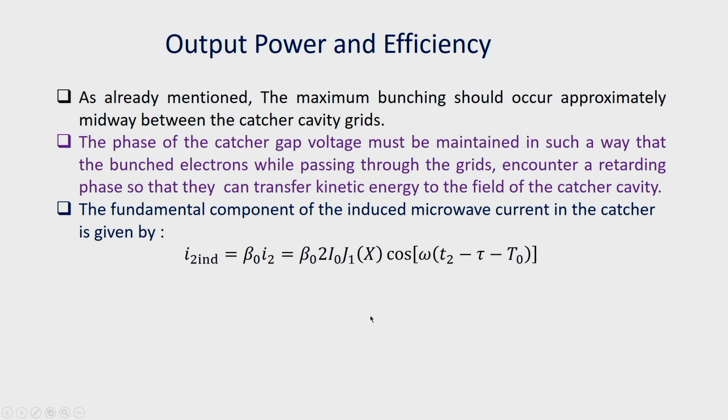I2 induced is equal to beta naught I2, which is beta naught 2 I naught J1(x) cos omega (t2 minus tau minus t0). Here beta naught is the beam coupling coefficient of the catcher gap.